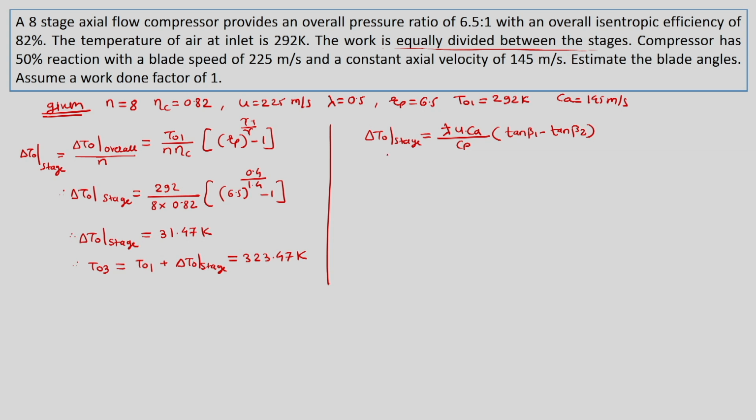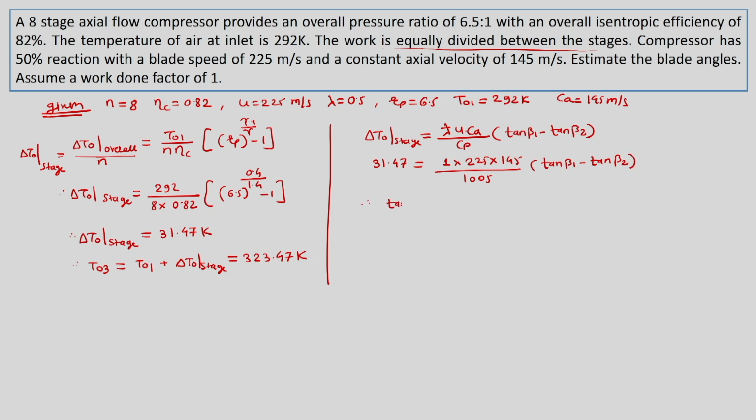So we know delta T naught stage is 31.47, work done factor is 1, U is 225 and Ca is 145, Cp is 1005 into tan of beta 1 minus tan of beta 2.